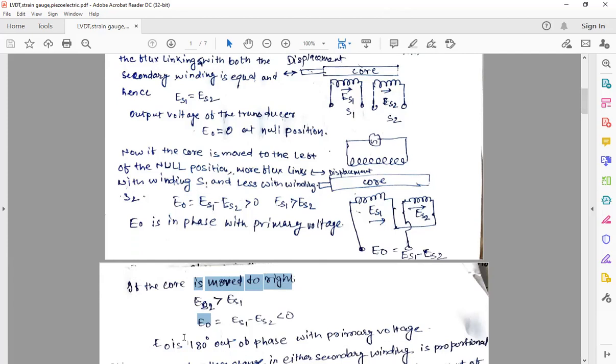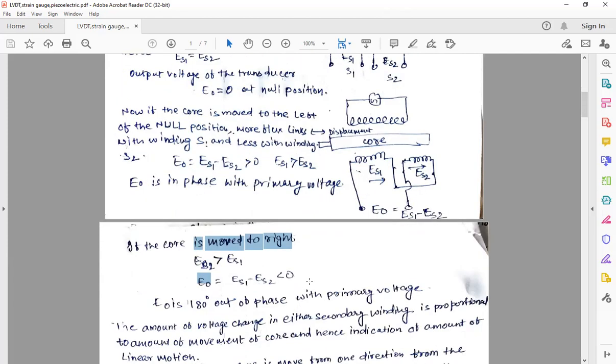So when the transformer core moves from the null point to the right, the output voltage is negative.